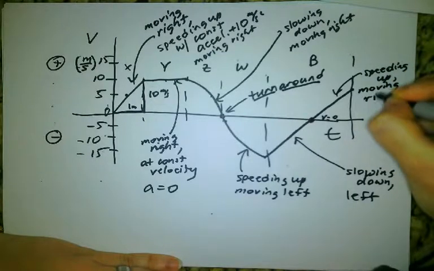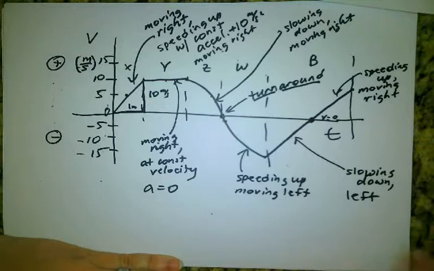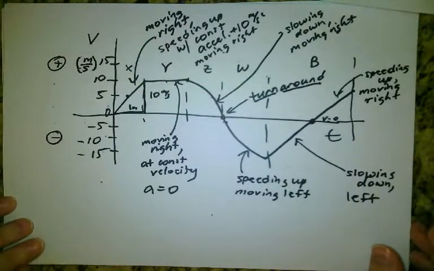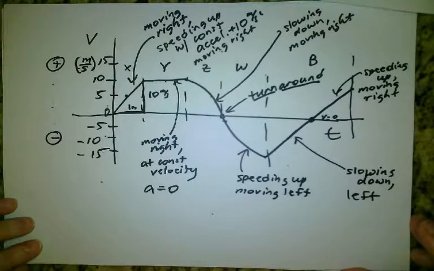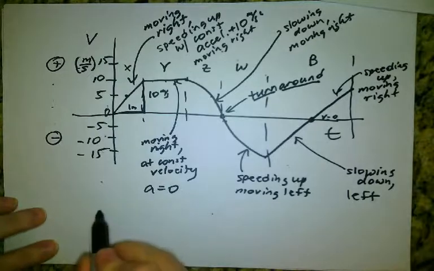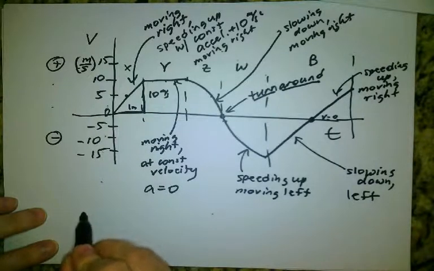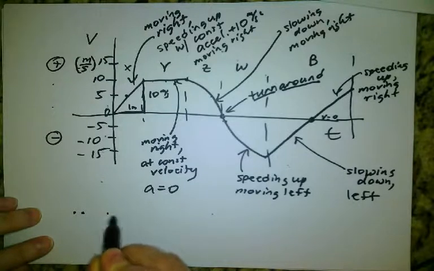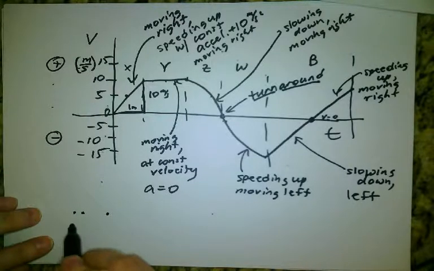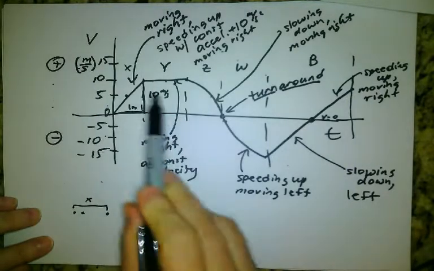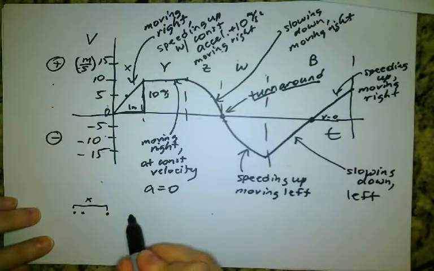I mean, another way is with dot diagrams. So during this time, basically, I am gaining speed, so it would look like this, where my spacings will get farther apart. So this is x. Then I kind of stay at a constant speed, so I'm just going to have equally spaced dots during this time because I'm moving at a constant velocity, moving right.